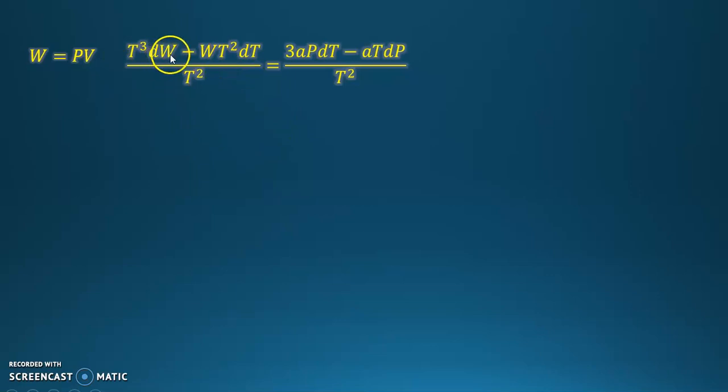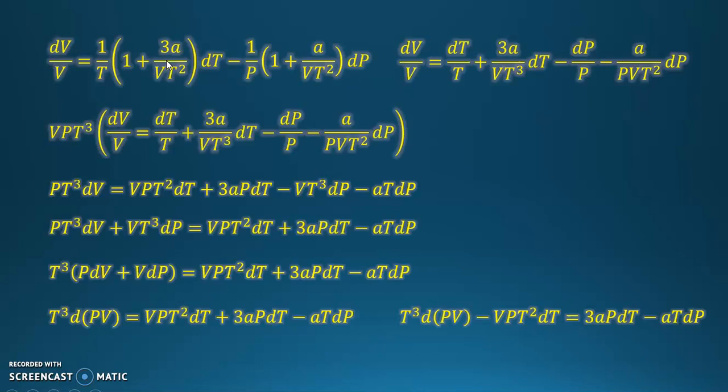In here, the W is this term that we have in here. Instead of writing PdV, it's W. In here we have also PdV. Also, this term becomes W.